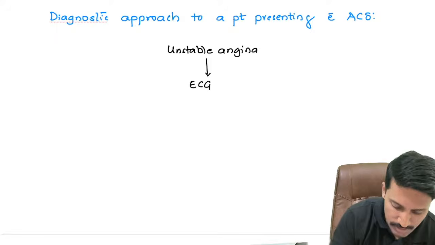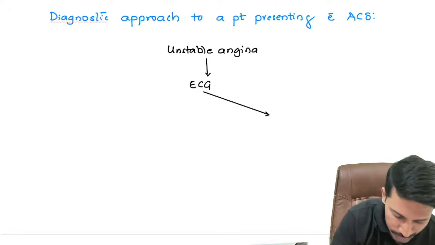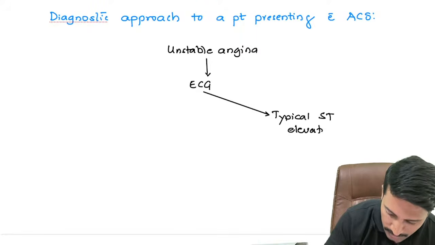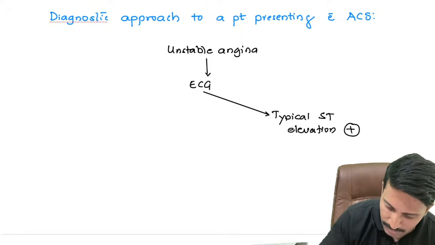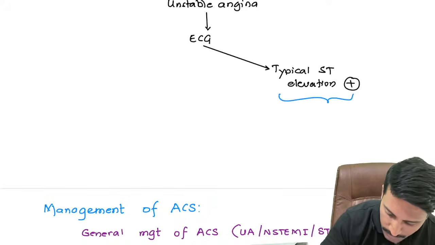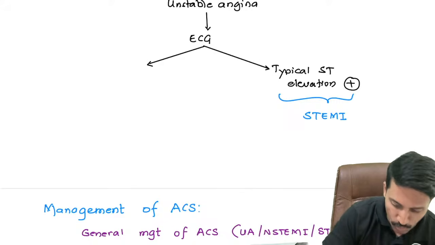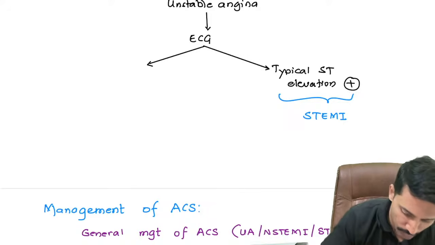And when we do ECG, I will be looking for ST elevation. If typical ST elevation is present, then the diagnosis is straightforward. We are dealing with a case of ST elevation. But if ECG does not show ST elevation, that does not rule out myocardial infarction, right?